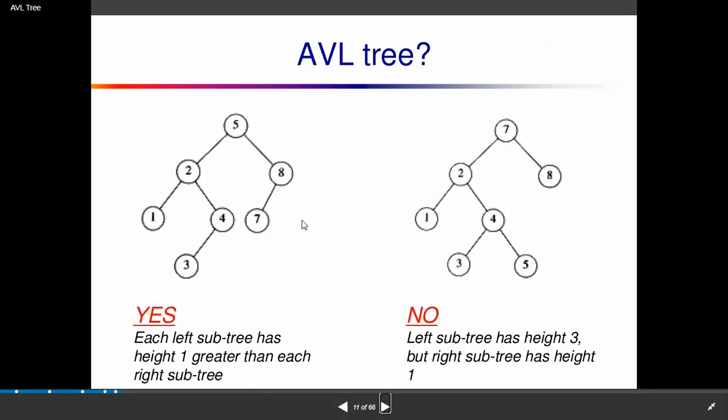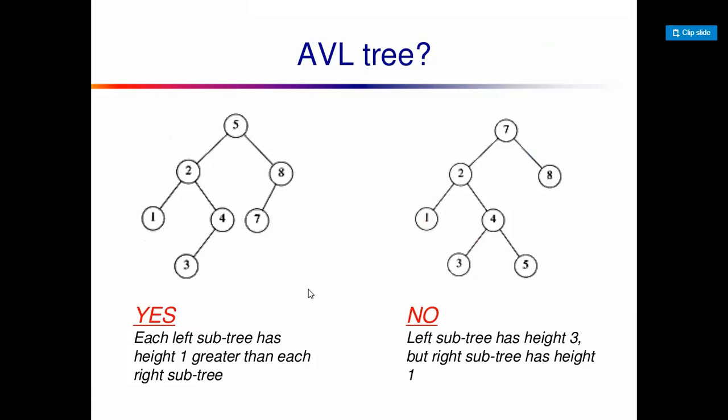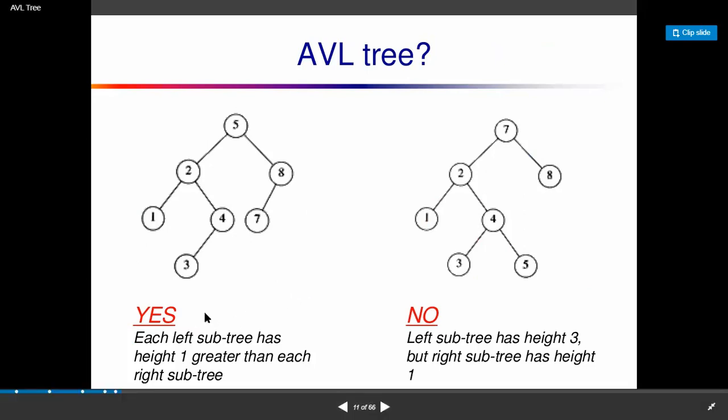We have to check the balance factor of each and every node to see whether it is an AVL tree, where each left subtree has height 1 greater than each right subtree.